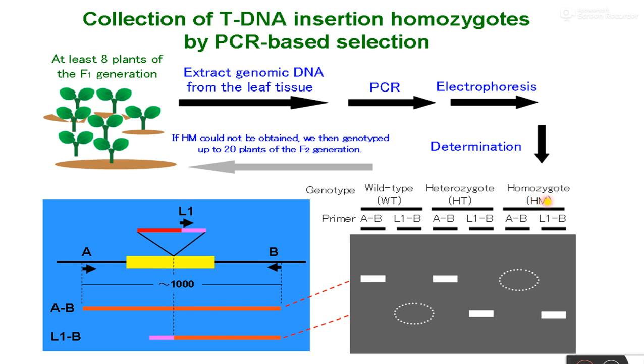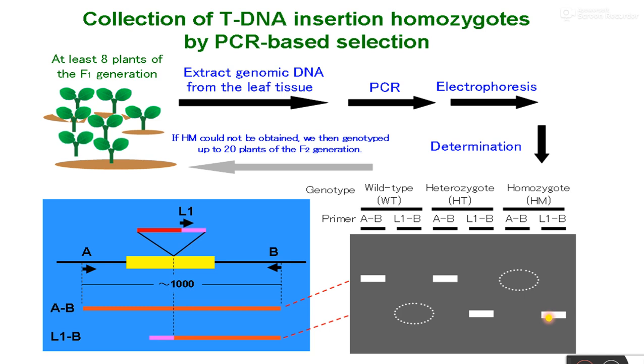The third possibility is that we can get a homozygous mutant line. And how can we discriminate homozygous mutant lines from the wild type and heterozygous mutant line? In a homozygous mutant line, we will get only one band, and that band will be due to the amplification of the region L1 and B. And as you know, in a homozygous mutant line, in both the homologous chromosomes, we are supposed to have mutant genes or tDNA insertional mutant genes.